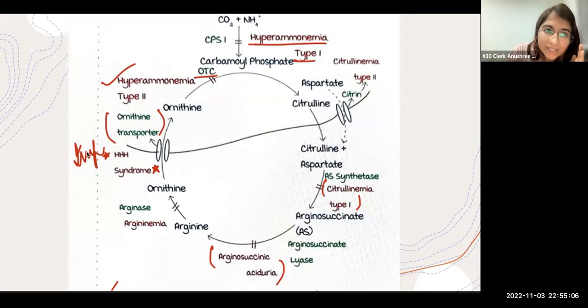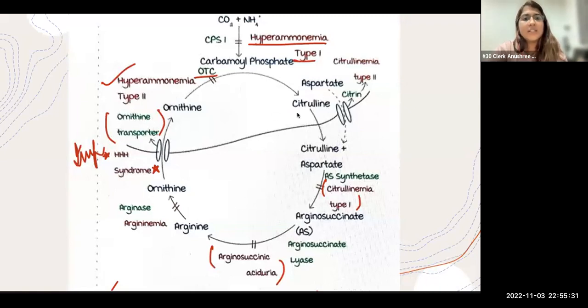This one is majorly present in males, and it causes 40% of the disorders in the urea cycle. So it's most commonly seen in males, causing hyperammonemia type 2.